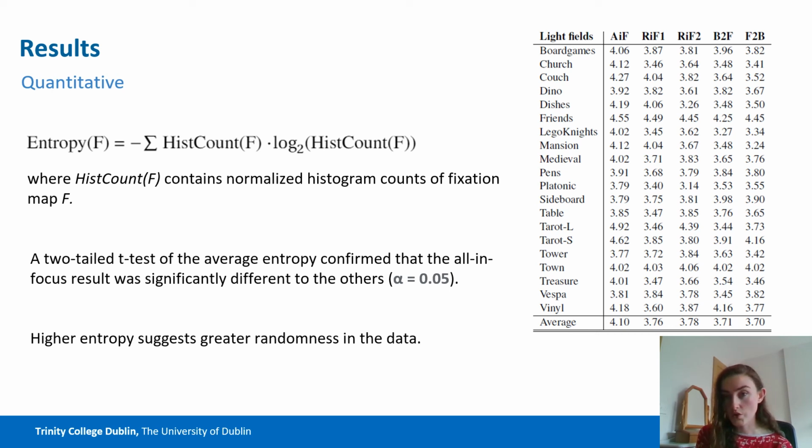We did this for all the renderings of all the light fields, averaged over the observations of all participants. We found that the average entropy of the all-in-focus rendering was higher than the other renderings, and this was confirmed with a two-tailed t-test that the all-in-focus result was significantly different to the others. This higher entropy suggests a greater randomness in the data.